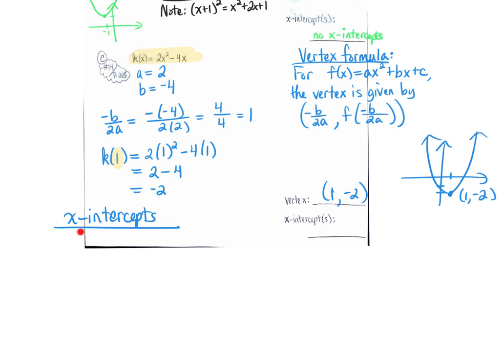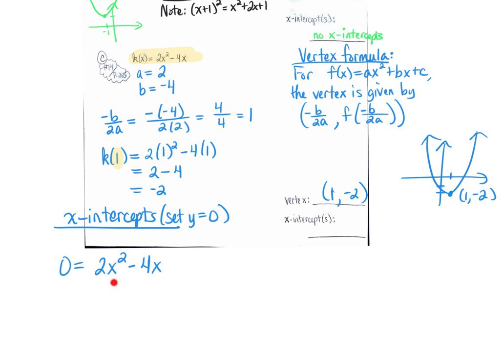Okay. So x-intercepts. We set y equal to what? 0. Good. Set y equal to 0, but y here is k of x. So we have 0 equals 2x squared minus 4x.